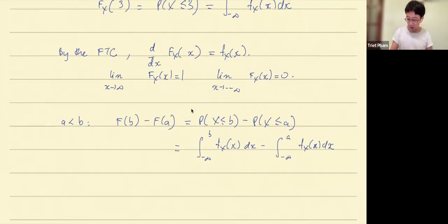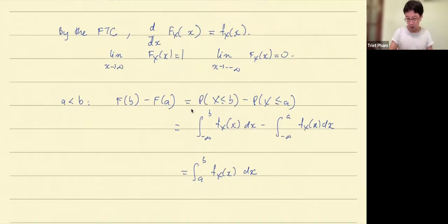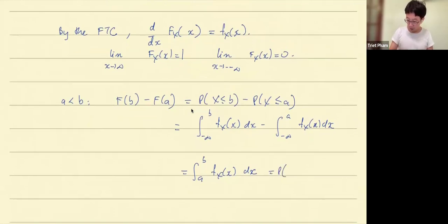And since a is less than b, this is really the probability of a strictly less than x, less than or equal to b. Any question?